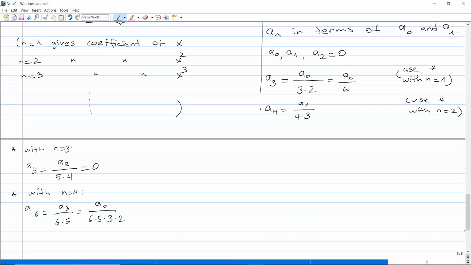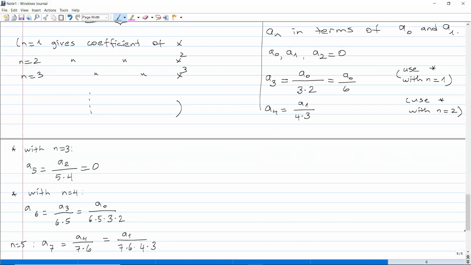And then take n equals 5. a7 equals a4 over 7 times 6. Now, what is a4? a4 is a1 over 4 times 3. So 7, 6, 4, 3.